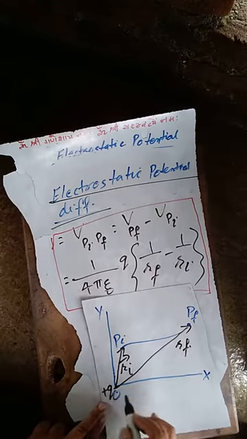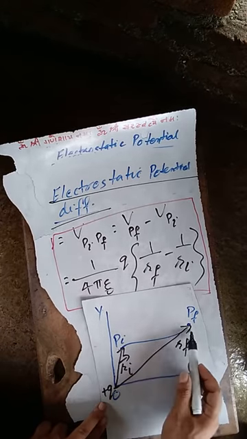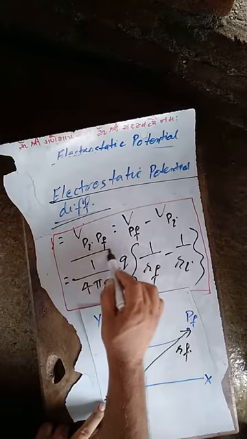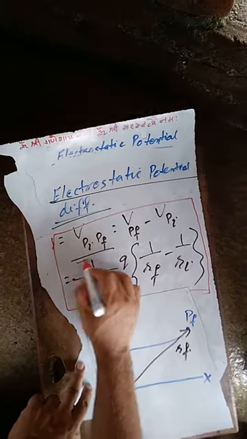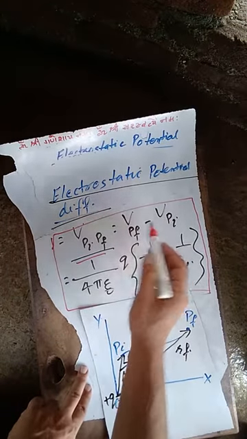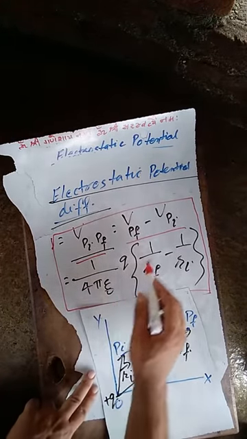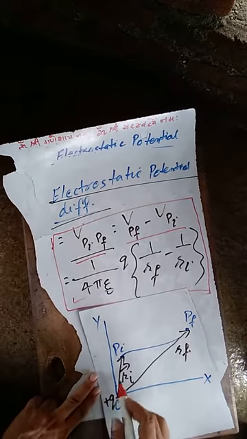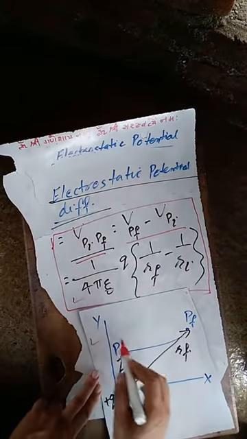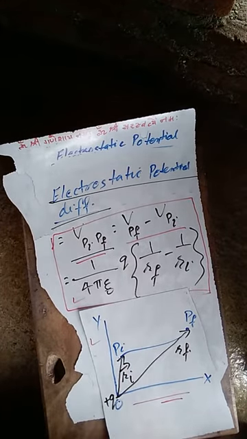So in that case, the electrostatic potential difference between Pi and Pf will be V Pi Pf, final minus initial, and it will be equal to 1 by 4 pi epsilon naught q into 1 by rf minus 1 by ri. So this is your electrostatic potential difference formula, and this is your diagram to understand how this formula works.